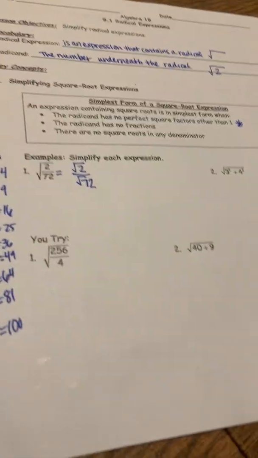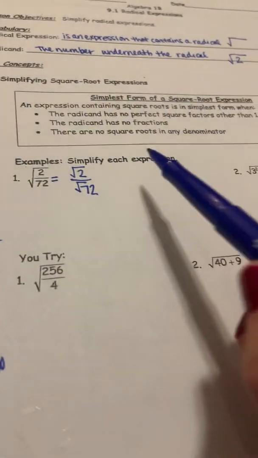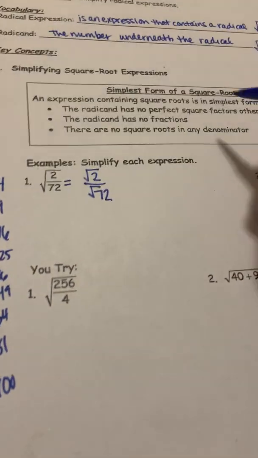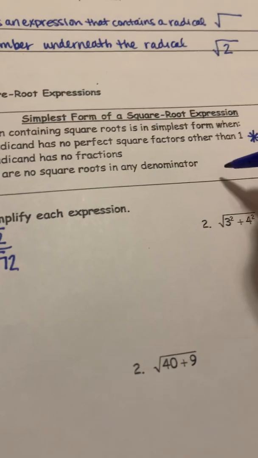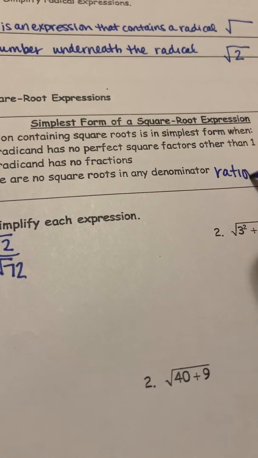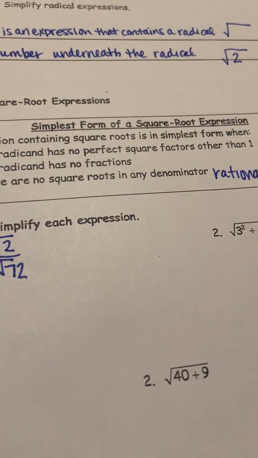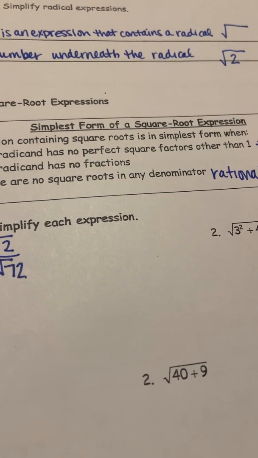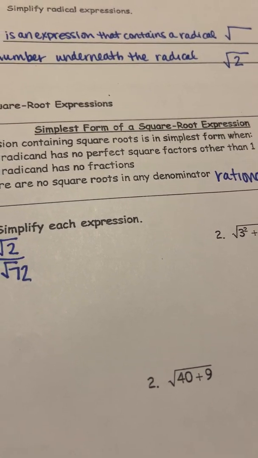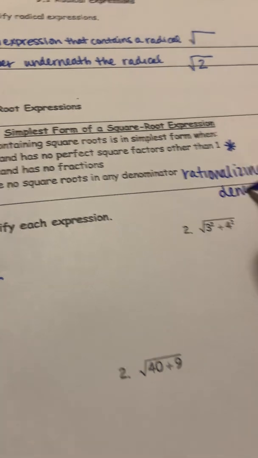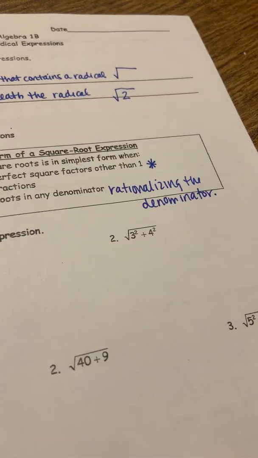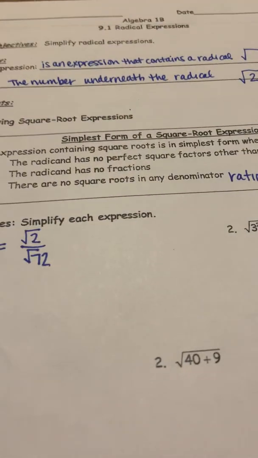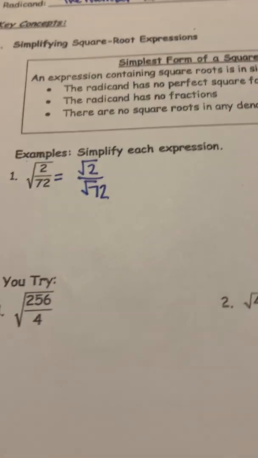The other thing that we're going to need to know how to do is something called rationalizing the denominator. So for step 3, where it says no square roots in any denominator, we're going to be rationalizing the denominator. Rationalizing the denominator is going to make sure that there are no square roots in this denominator.